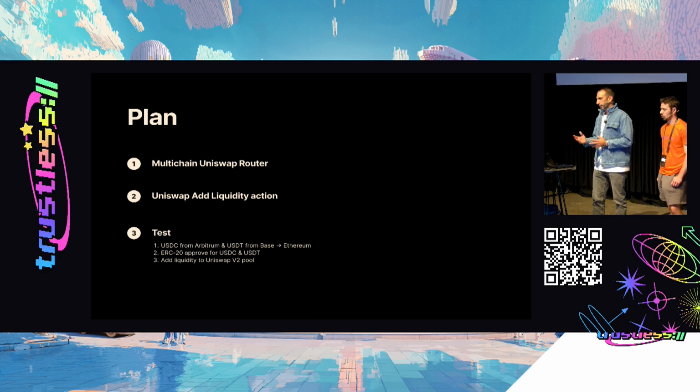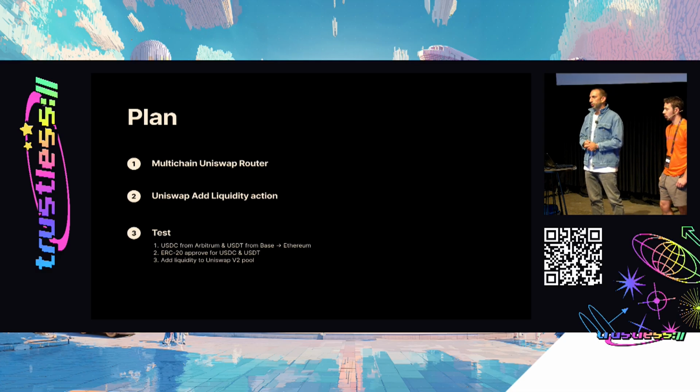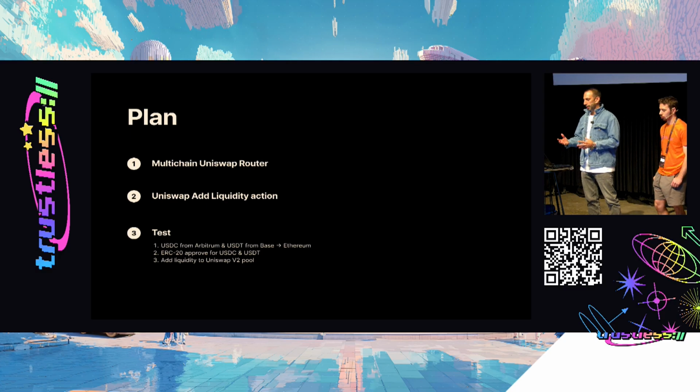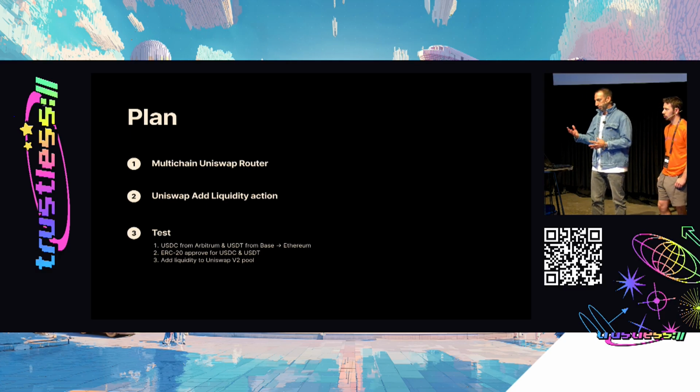What we did actually, as part of this demonstration, but also of building Stitch that Ivo is going to show in a couple of minutes, is we built logic that involves multiple chains and multiple protocols.